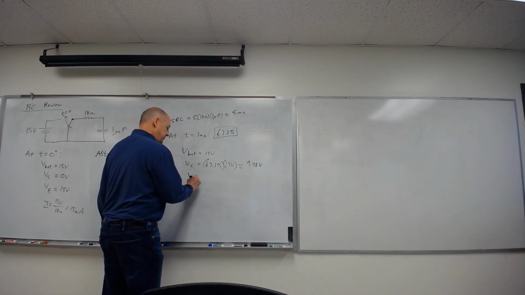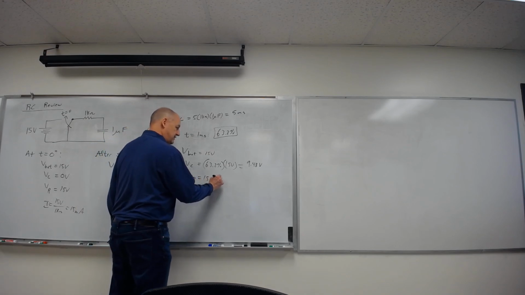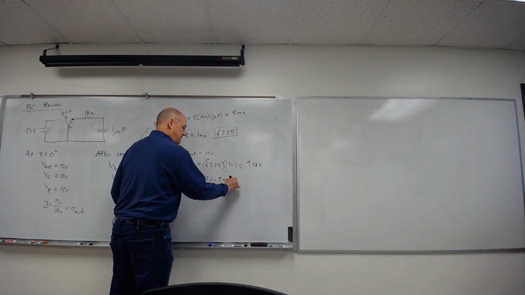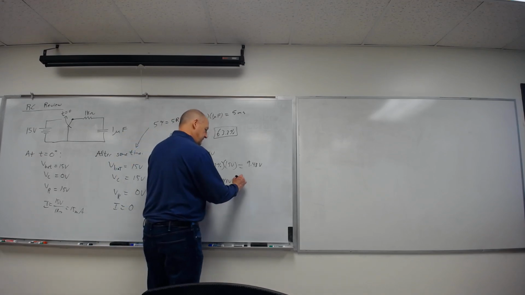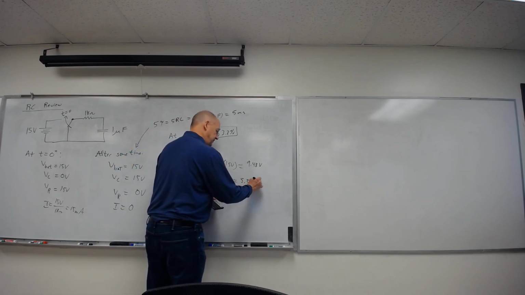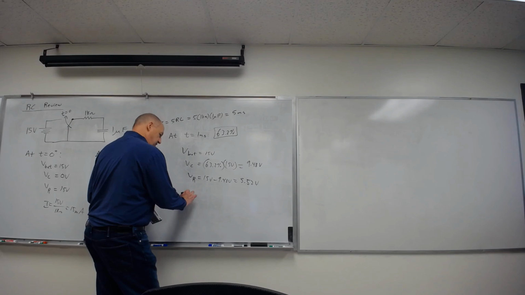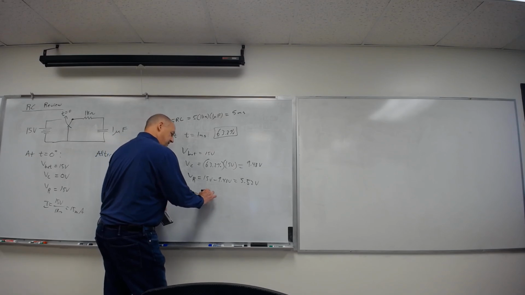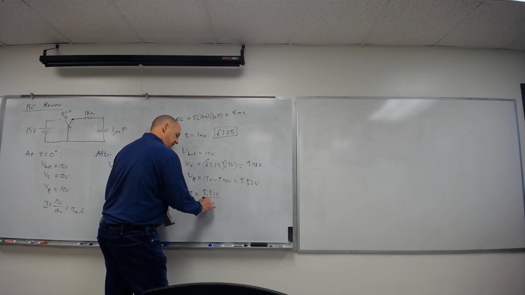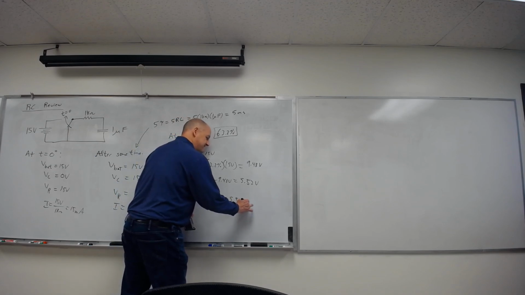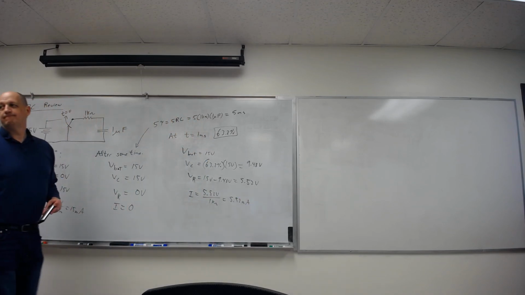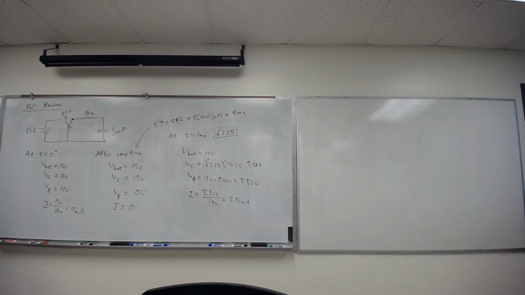So the resistor voltage is 5.52 volts. The current. I can pick the percentage for any of the others.